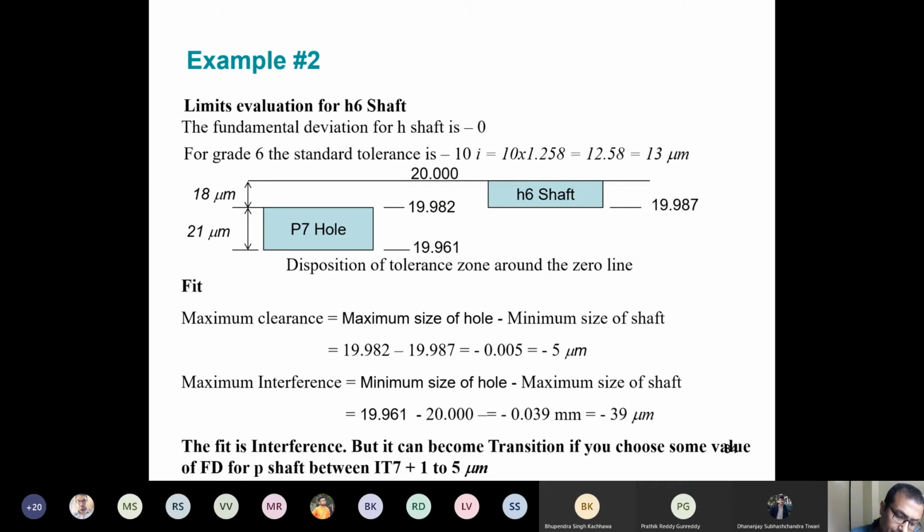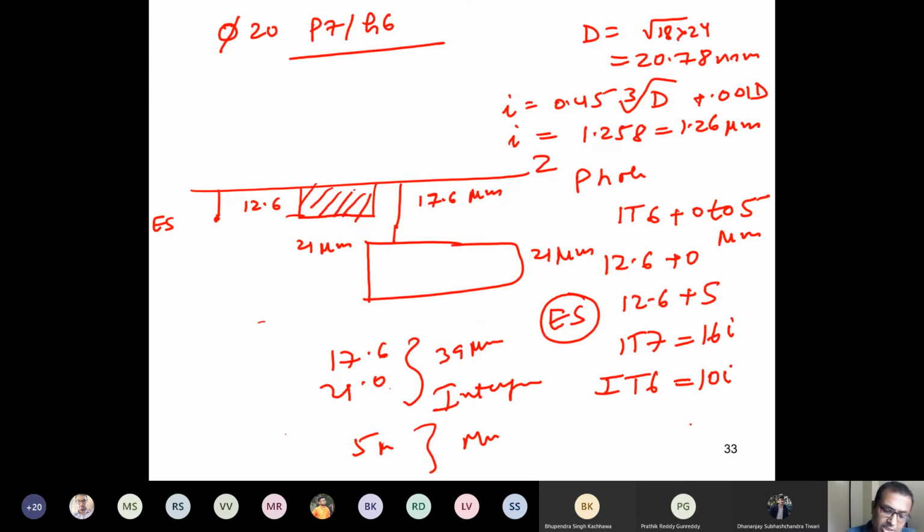So if you see, the maximum dimension of hole is this. Maximum clearance. So this is what you see, right? So basically in the worst case, this is the maximum hole, and this is the minimum shaft. So the minimum shaft is bigger than the maximum hole, right? Agreed?